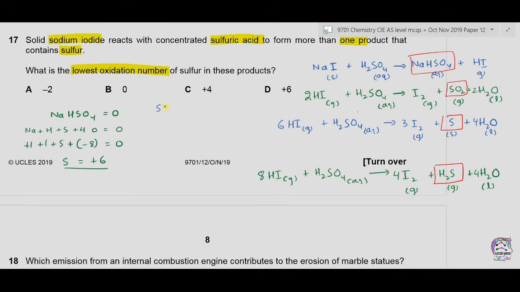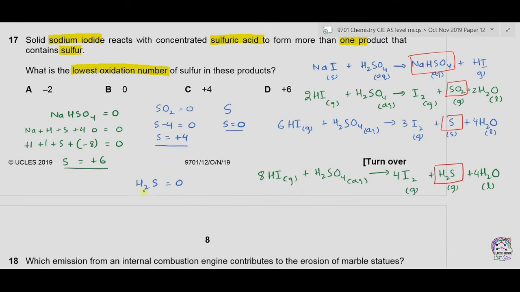In SO2 the overall charge is 0. We have 2 oxygen atoms. So therefore it will be -4 for 2 oxygen and the oxidation state of sulfur is +4 in SO2. For the third one we have sulfur solid, as it is an element, so therefore oxidation state will be 0. The fourth one is hydrogen sulfide.